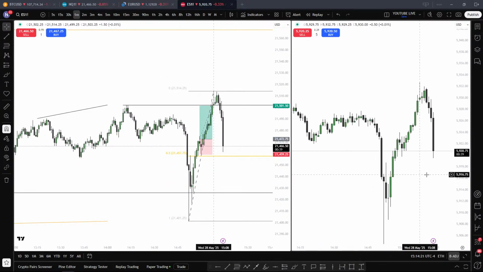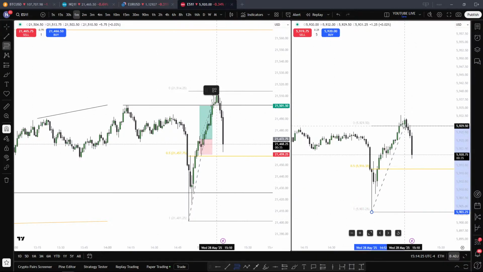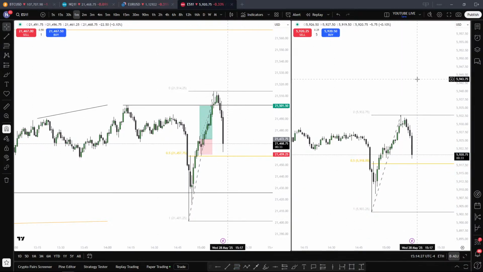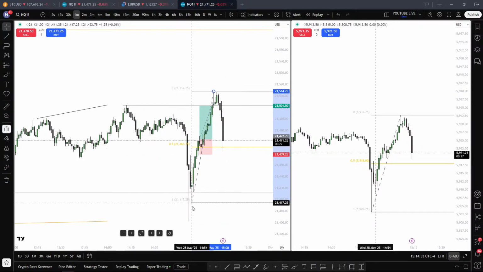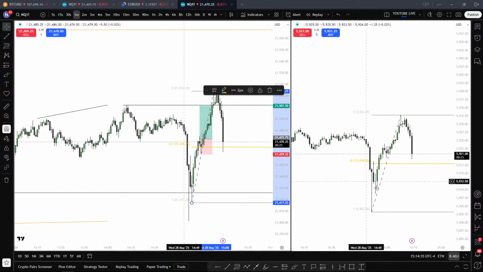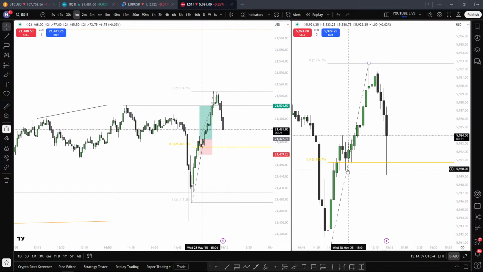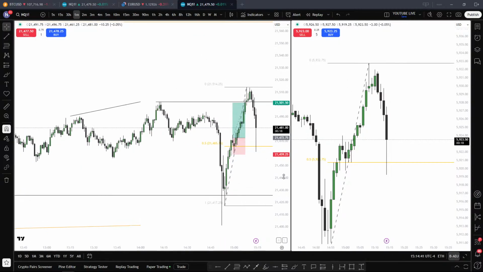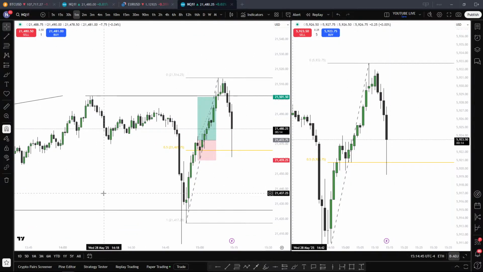Strike 50% of this dealing range. Actually, this would be a nice dealing range. Okay, came into discount. Had SMT on this low now. Good.